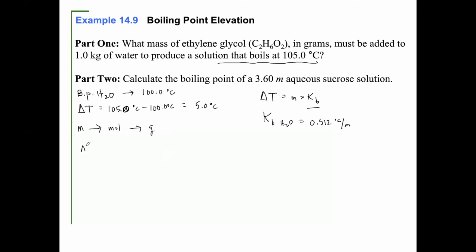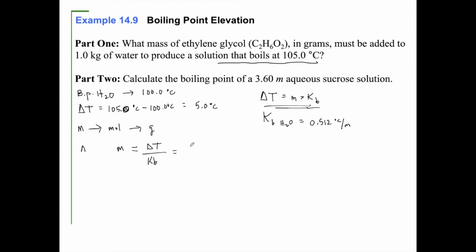So I'm going to rearrange this. We need to find molality so that we can get to the moles and then the grams of ethylene glycol. So molality is delta T divided by KB.